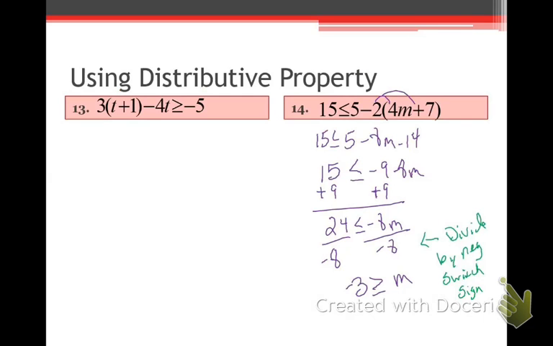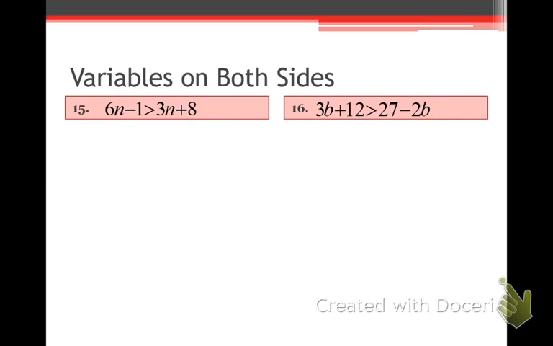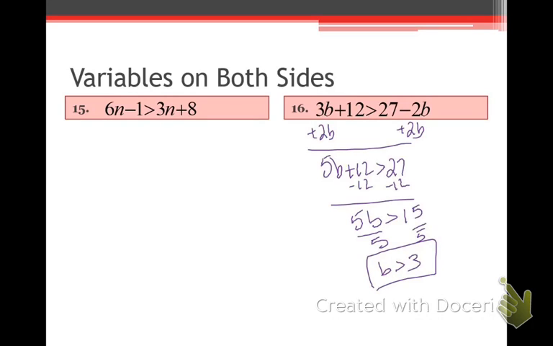All right. Good. So there's 17, 18, 15, 16. Really quick. Get you through there, right? So we're going to subtract 3 from both sides. There's 16. Check 16.